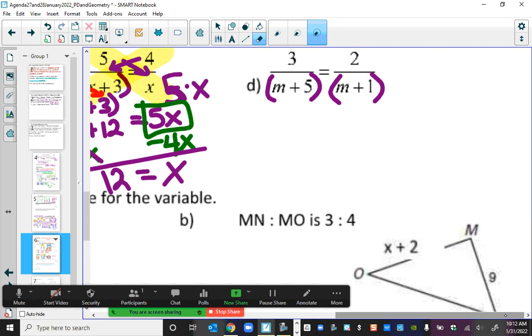Okay, just like before, do your setup. Your diagonal multiplication like before.